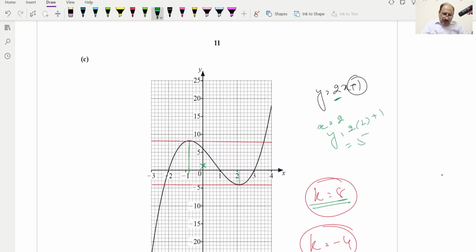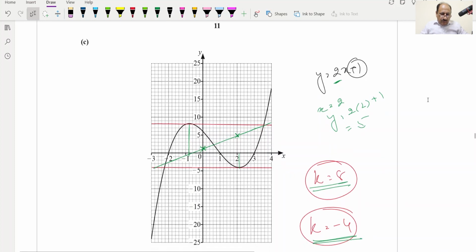So 2 and 5 will be this point. So now we can draw one line passing through these 2 points, and that will be this straight line.